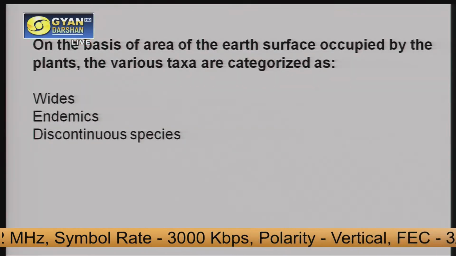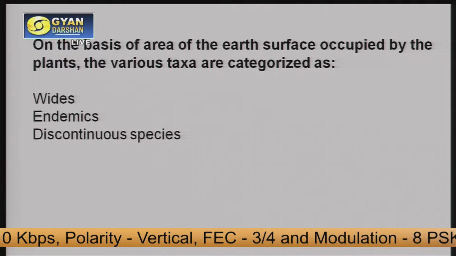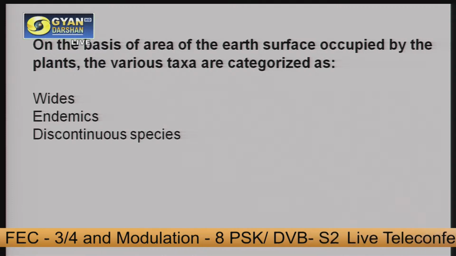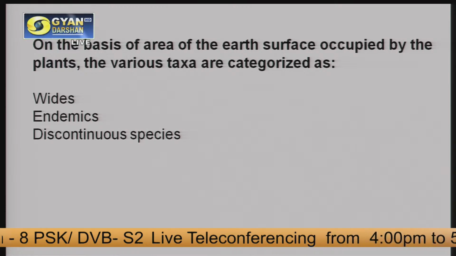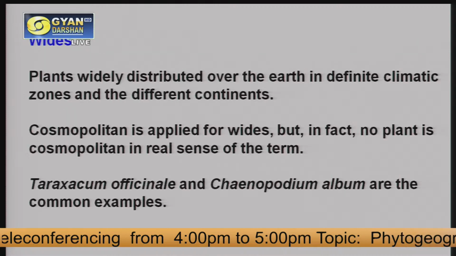Now the next part is that, as I said, this is the phytogeographic region. Now based on the distribution pattern, as I said, the plant species can be categorized into 3 groups. As you can see, that is wides, endemics and discontinuous species. What is wide?